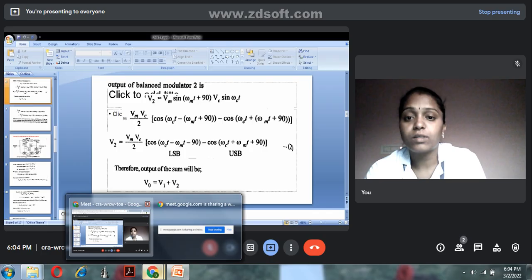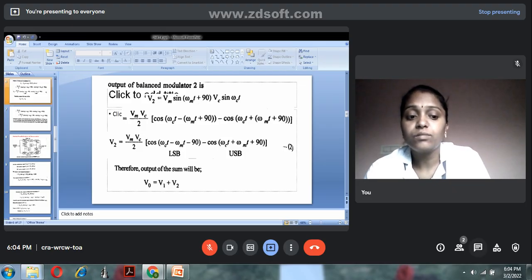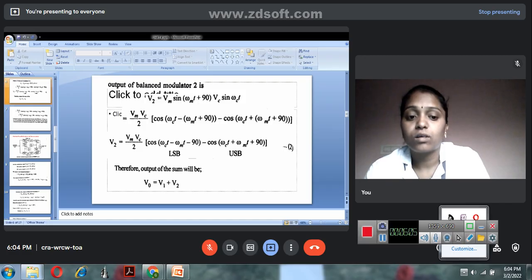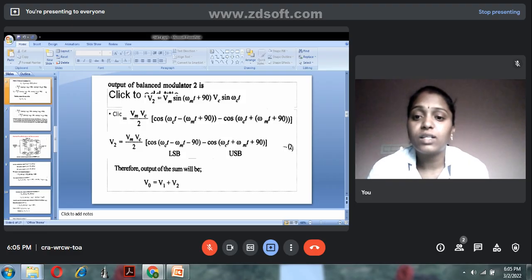Next, same as the output of balanced modulator 2, V2 is equal to Vm sin omega mt plus 90 into Vc sin omega ct.